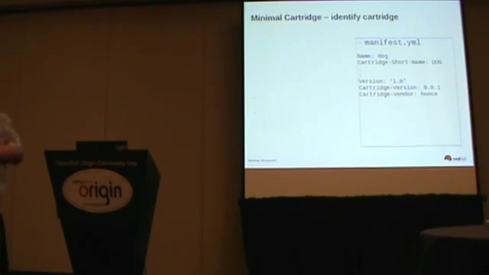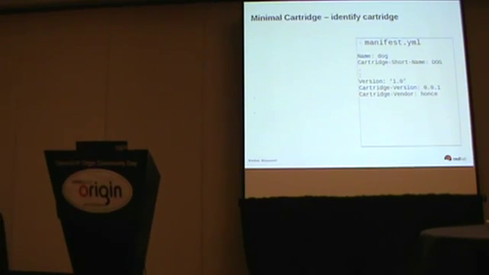Minimal manifest. You need to tell us what your name is. Cartridge short name. Why do we do 2? One is the name you're going to give to humans. The short name is the one that gets used when the system is building environment variables for you. So that one you want to kind of keep nice, short, all caps. It's going to show up later when you're doing things. Version, you need to tell me what version of software you're packaging.